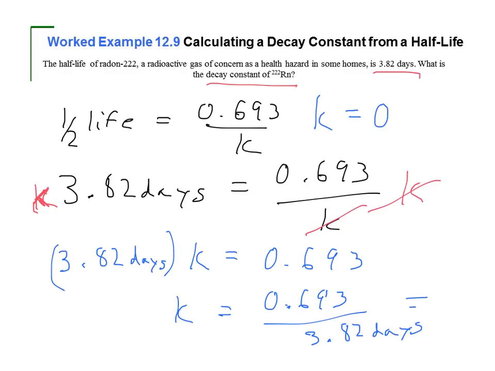It gives me a rate constant of 0.181 inverse days. Chemistry is easy, life is hard.